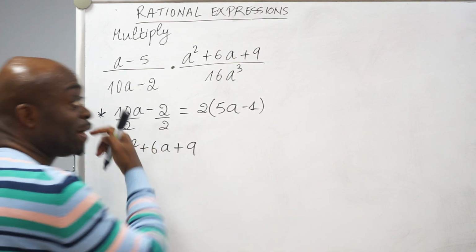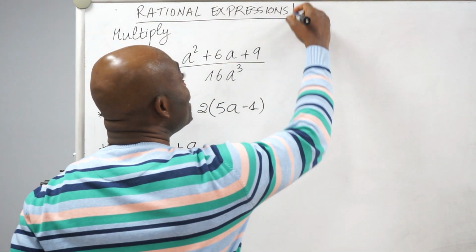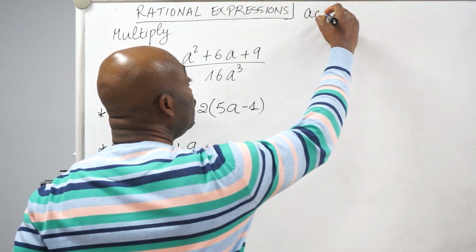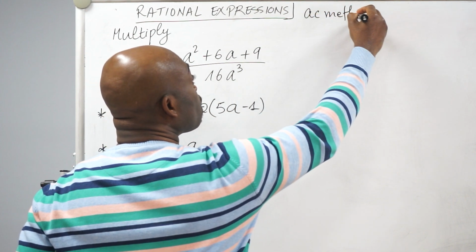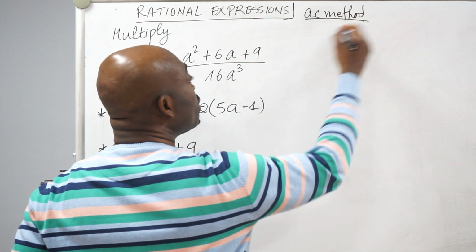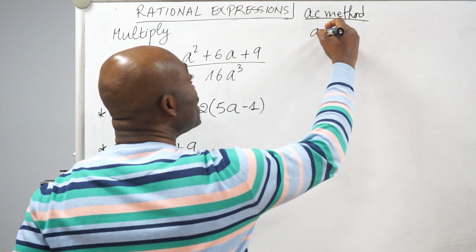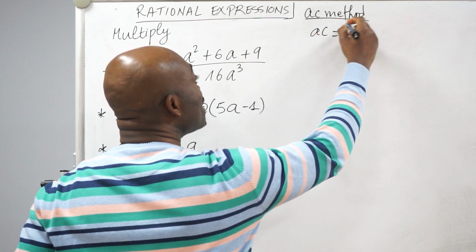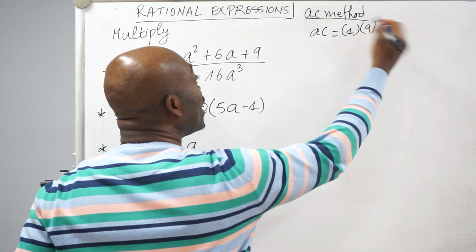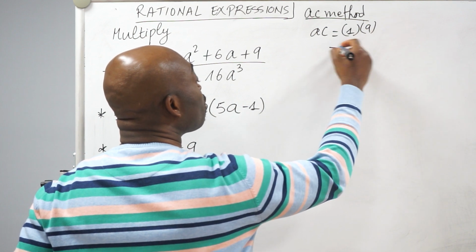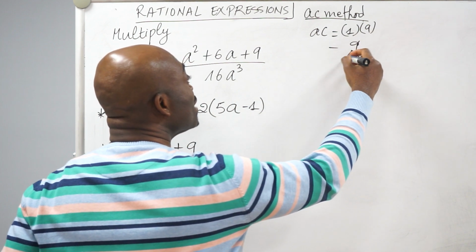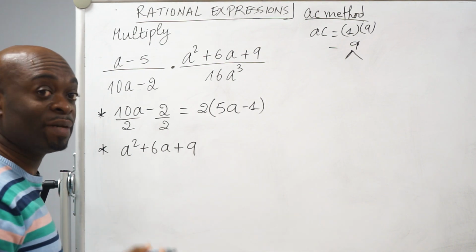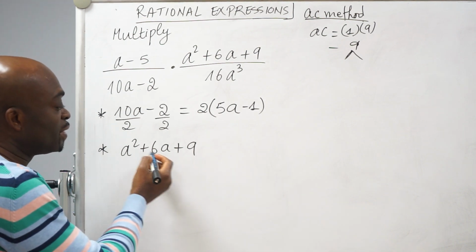1 times 9, correct? If we want to use the AC method, we multiply a by c, so that's 1 times 9, which gives us 9. Then we have to find two numbers that multiply to give us 9, and the same two numbers add up to give us 6.